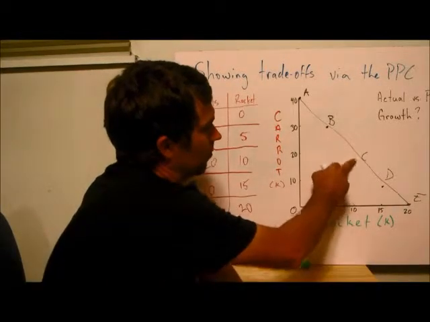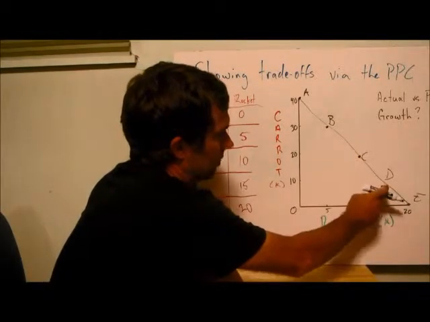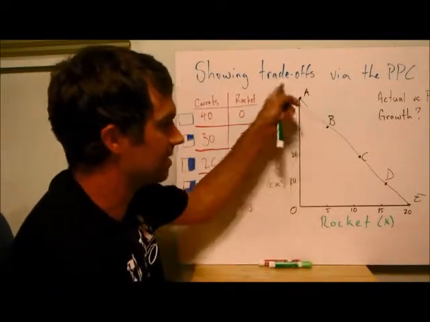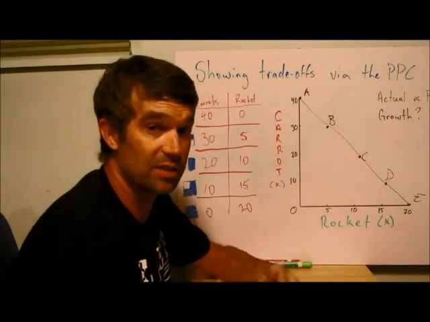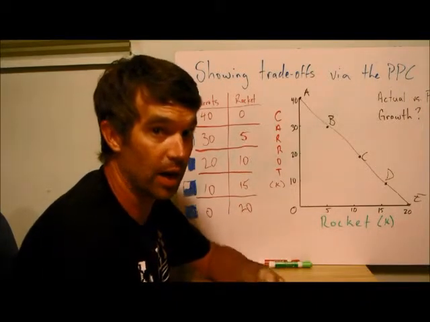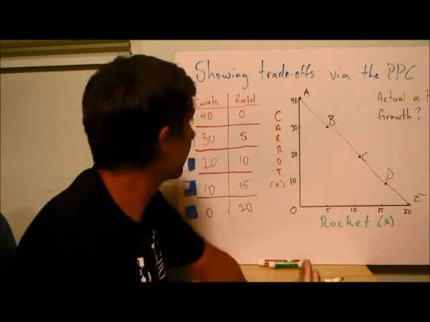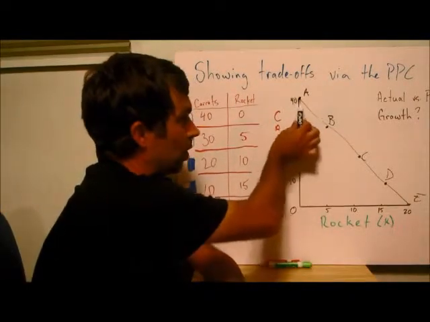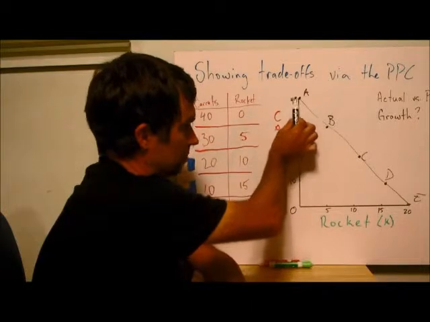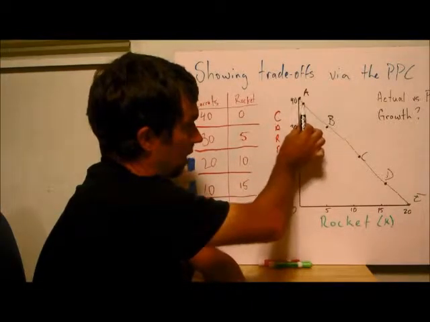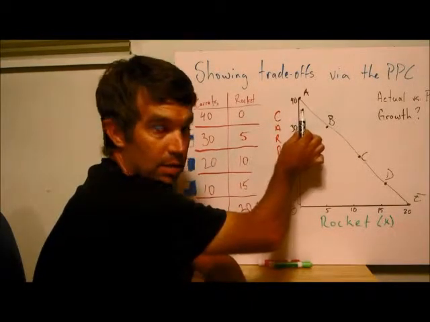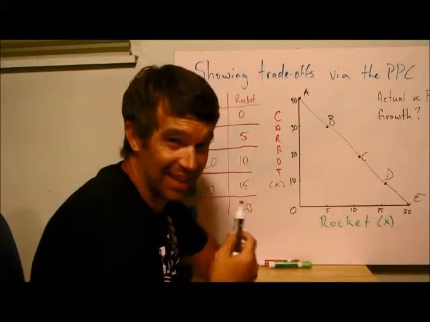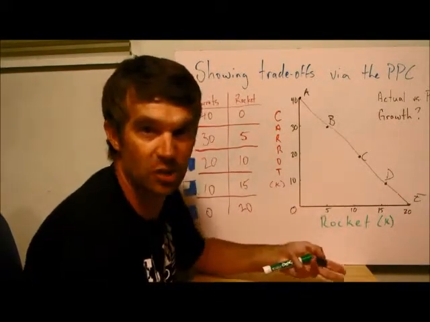So, if we're looking here, fix that one. If we're looking here, what we can say is this line represents a specifically even trade-off. Every time I grow 1 rocket, I lose 2 carrots, right? Every time I grow 1 rocket, so this would be 1 and then down to 38. Or, if I'm starting here, if we're at point E, and again, this is why you need to label points, because then you can actually say it.